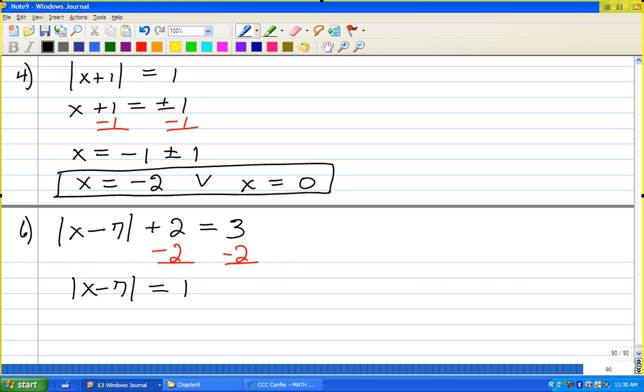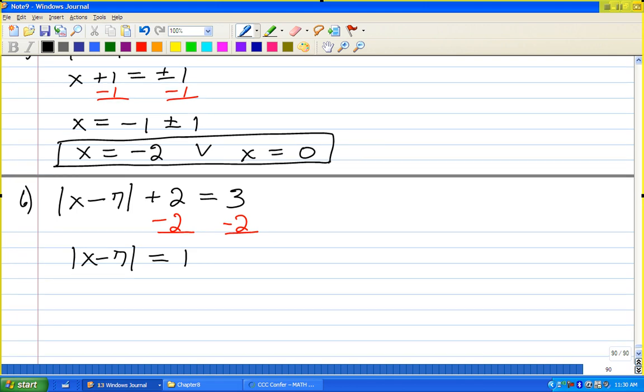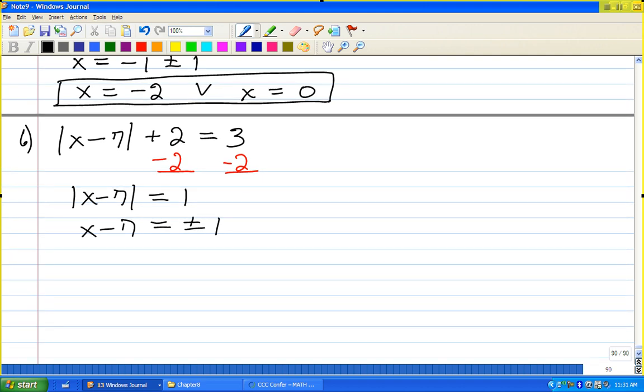And now this just says that x minus 7 is equal to plus or minus 1. Let's solve for x. Let's add 7 to both sides of my equation. So x is equal to 7 plus or minus 1.